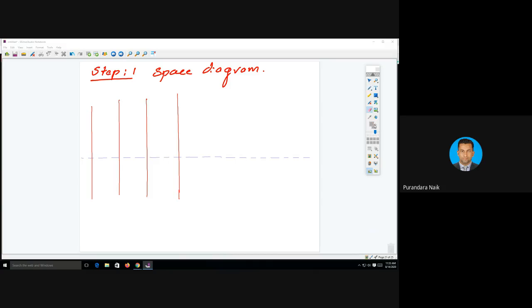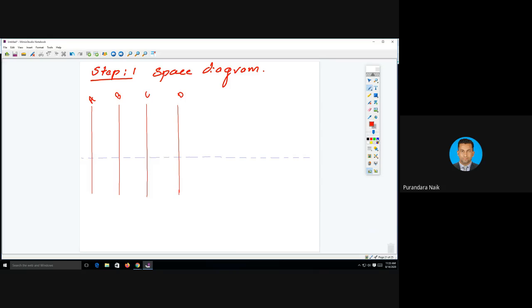After drawing the planes, you need to name these planes. The first one, let us take it as plane A, plane B, plane C, and plane D. Now, the distance between the planes: A to B is 600, B to C is 600, C to D is 600 millimeter.